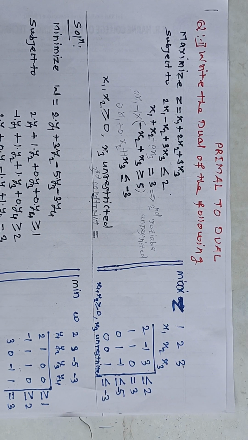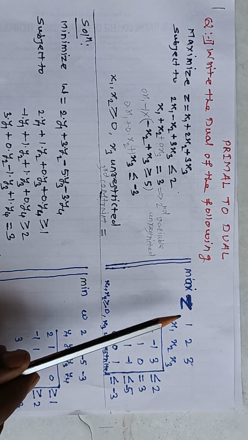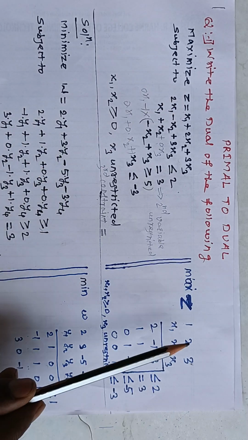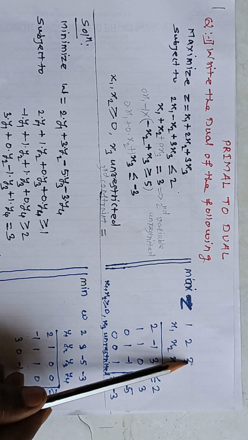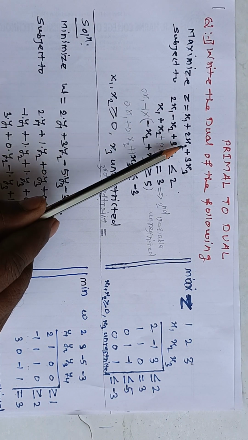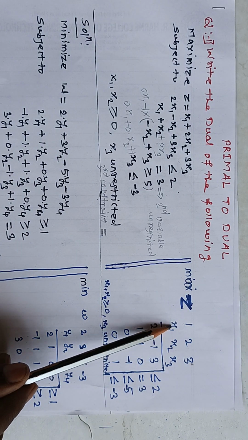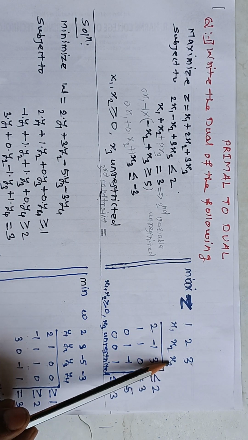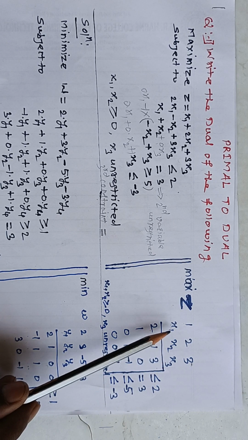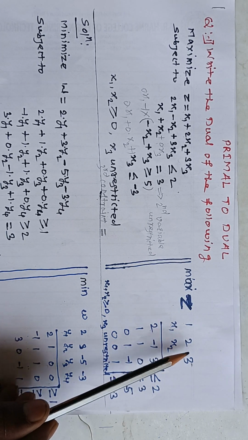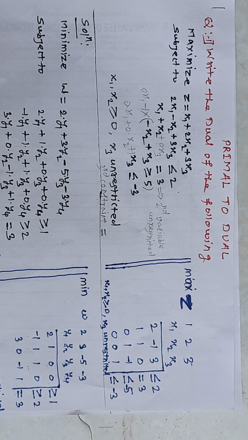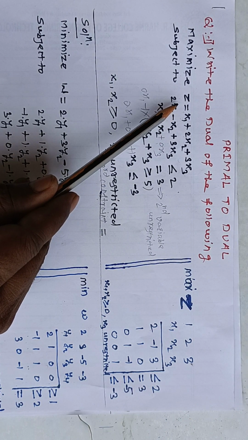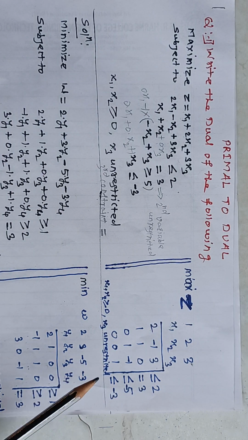Then variables x1, x2, x3: below them, 1 is the coefficient of x1, 2 is the coefficient of x2, and 3 is the coefficient of x3 in the objective function of maximization type.